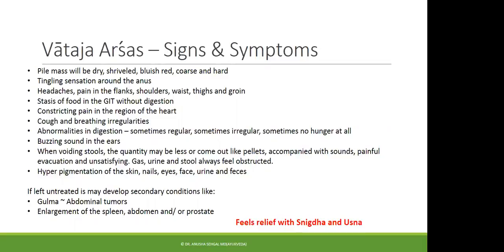Stasis of food in the GIT without digestion, because what happens is, again, due to all of these factors, there's an increase of Vata, but it has also started to affect the integrity of the rectum and the Guda Oshta. Remember, the last part of the rectum that is responsible for opening and allowing the fecal matter to go out and then closing back again.